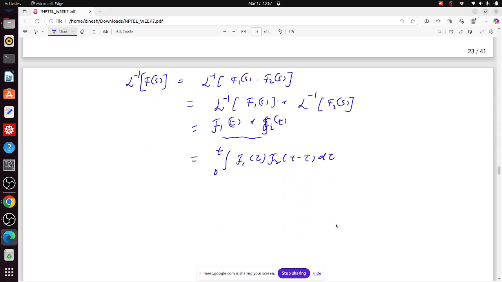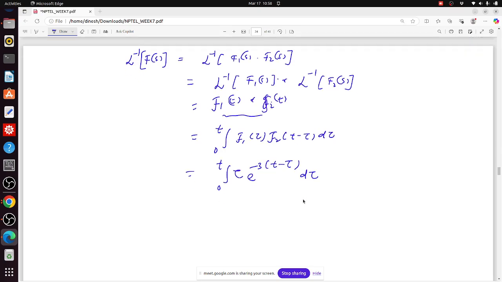So if we substitute, integration from 0 to t of tau e power minus 3(t minus tau) d tau.